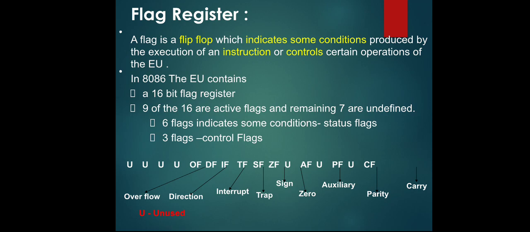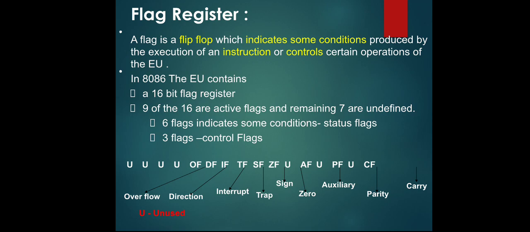These are affected whenever the appropriate condition occurs in an arithmetic logic operation. Let me give you one example. If you are adding two 16-bit numbers and you obtain one additional carry bit, then the carry flag is going to be set.